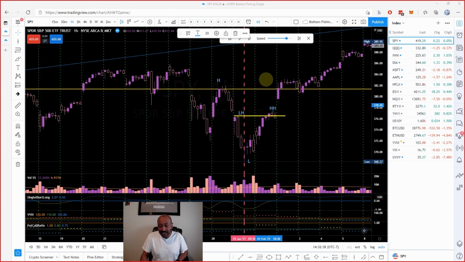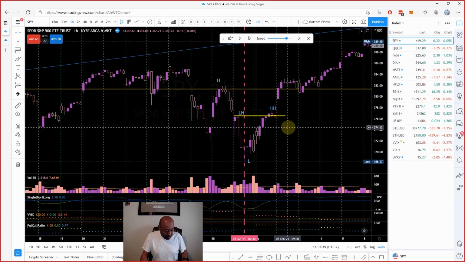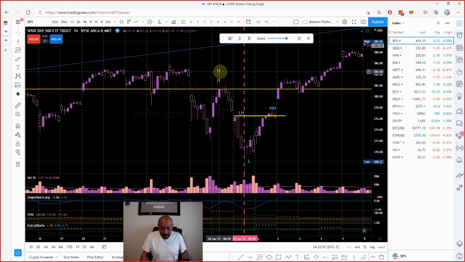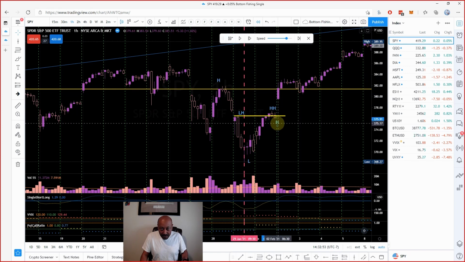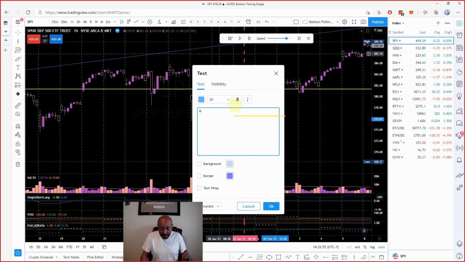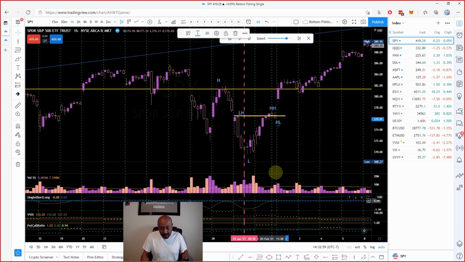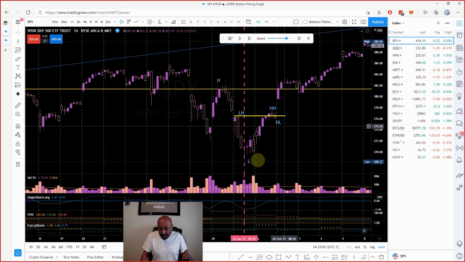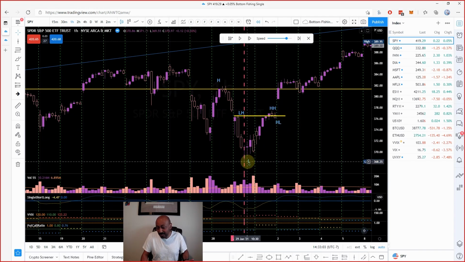Okay. The higher low that you want to refer to is right here. Why is this a higher low? Because it is higher than this low.